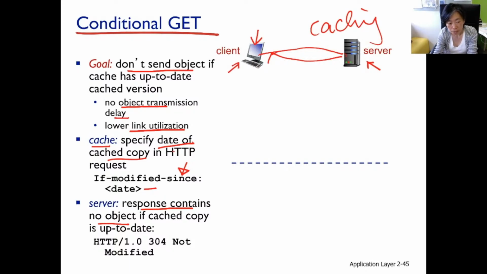In that case, a special HTTP response message is sent, and the status line reads: 304 Not Modified. And the body of the HTTP response message is going to be empty. So no need to send the object.